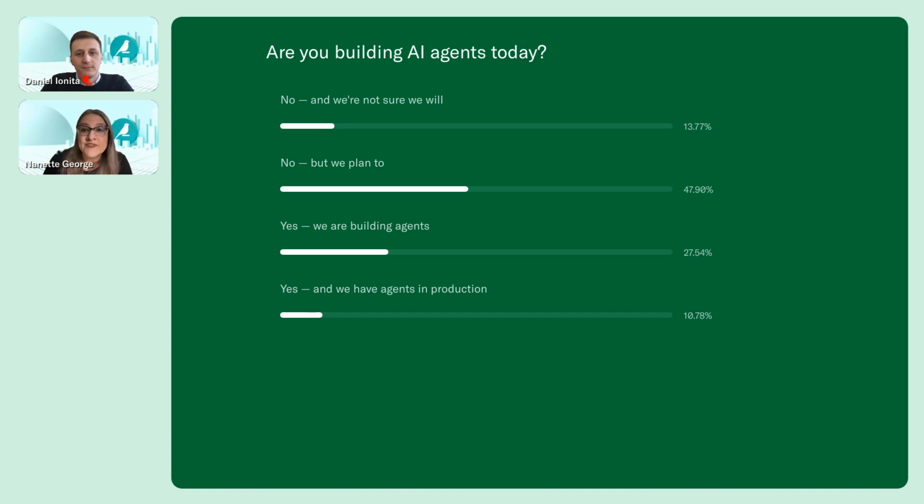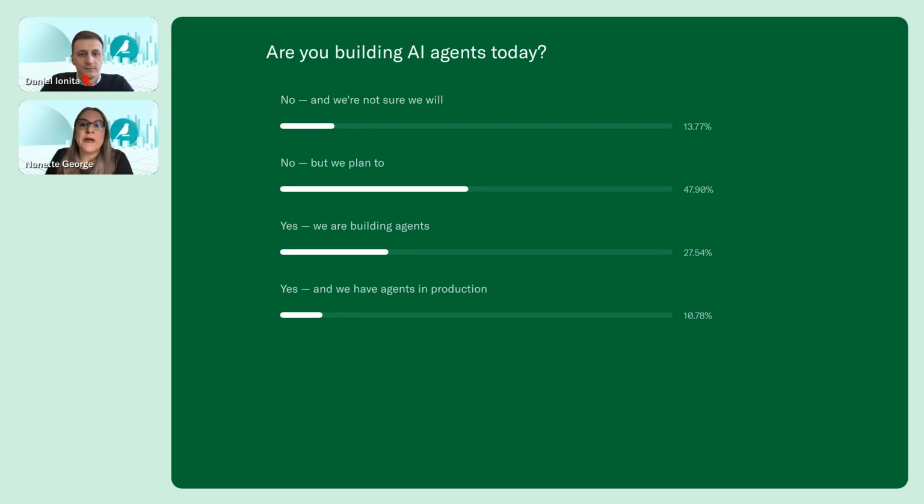About half say no, but we plan to create them. Almost a third of us, about 27%, are building agents. And then just 10, 11% are saying we have them in production, which isn't surprising because it's quite a journey to get from that build right over to production.